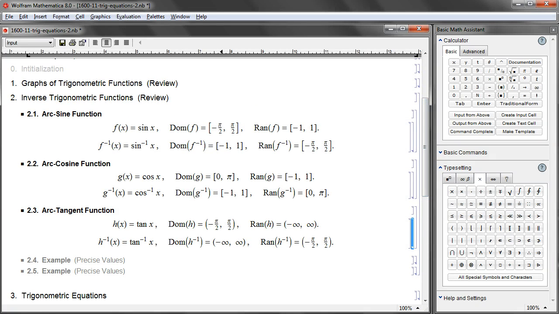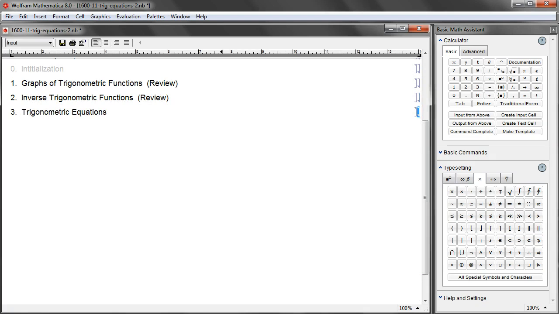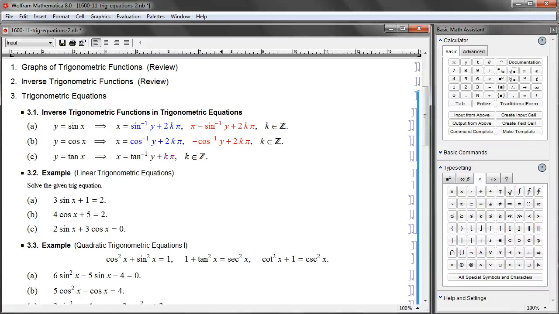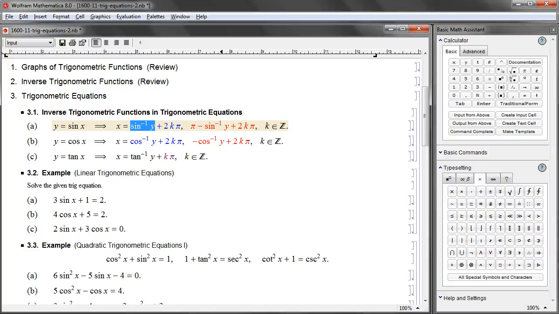And how do these inverse sine, cosine, and tangent functions help? Well, here is the summary. If you have y equals sine of x, then you'll have one solution from arcsine, but there's also an extra solution: pi minus that is also a solution.